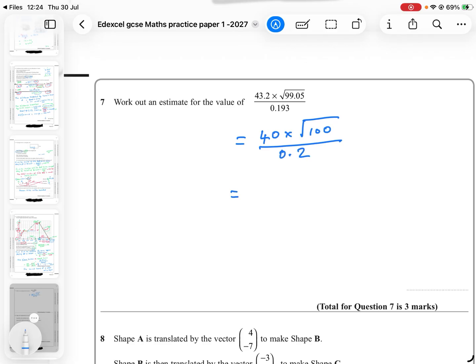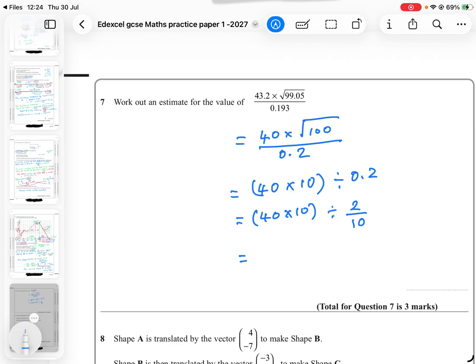Now 40 times the square root of 100 divided by 0.2. So 40 times 10 divided by 2 over 10, since 0.2 means 2 over 10.